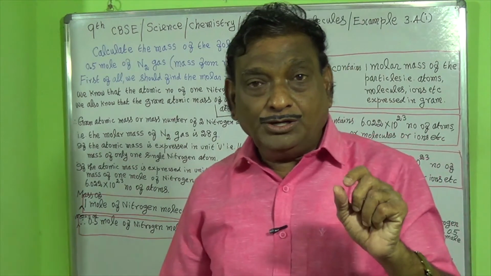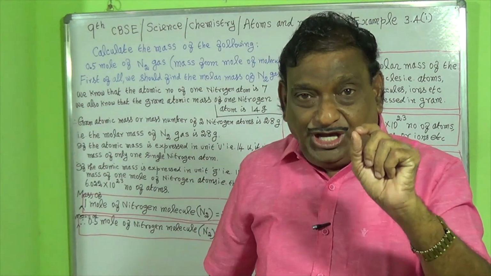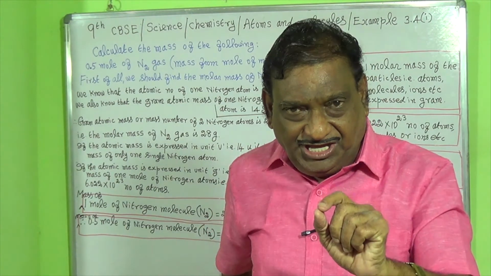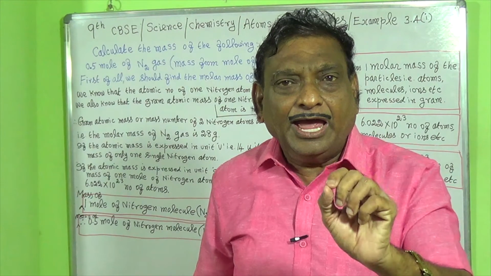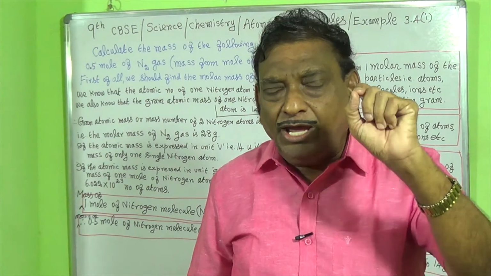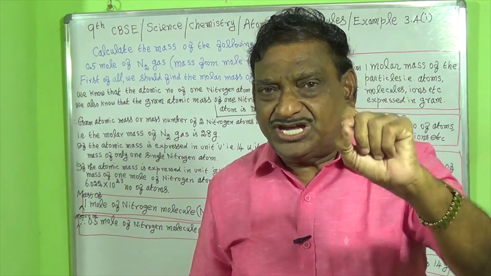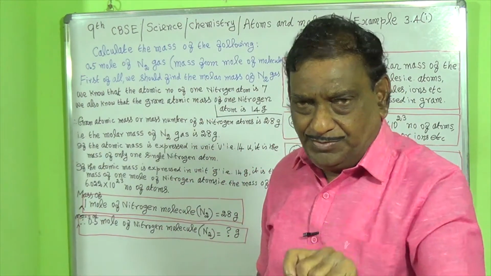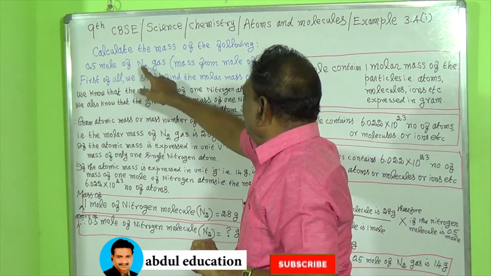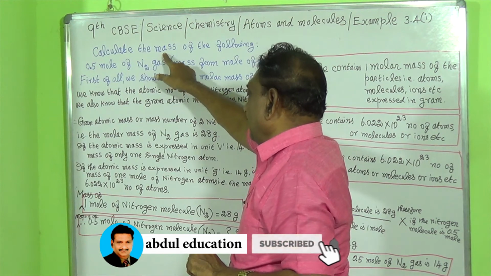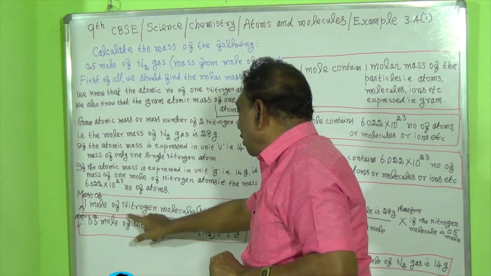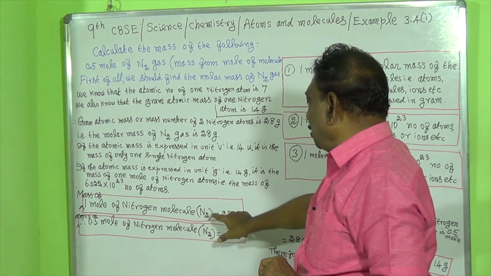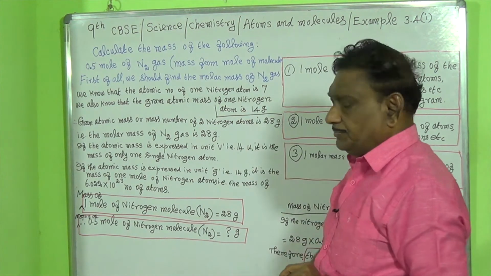Then I want to write 2 equations relating mass and the mole. Why should I write the 2 equations relating mass and mole? Because in this sum, the mole is given, the mass is asked. The mass of 1 mole of nitrogen molecule is equal to 28 gram.